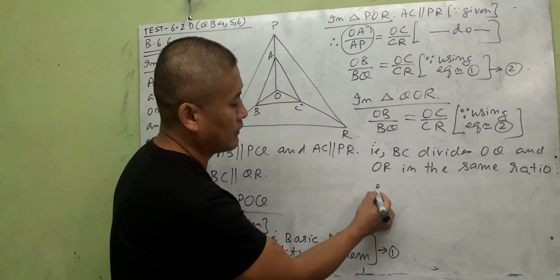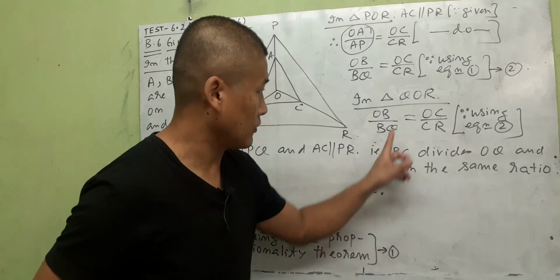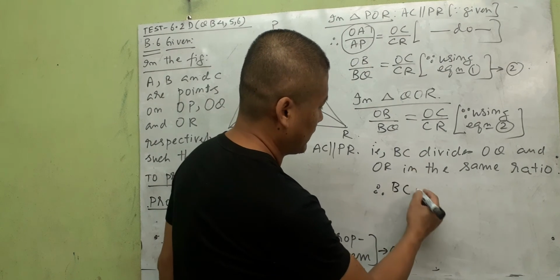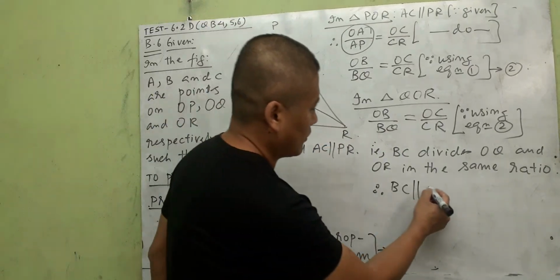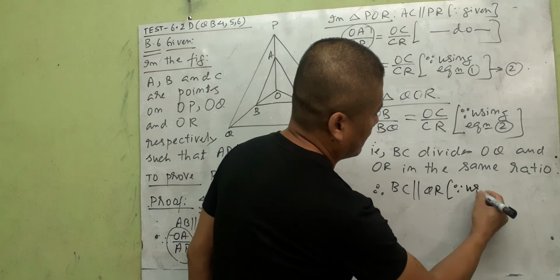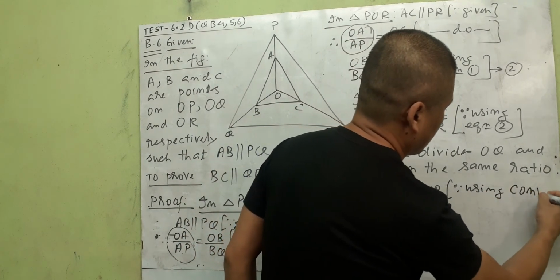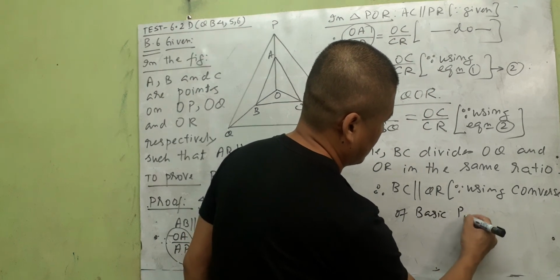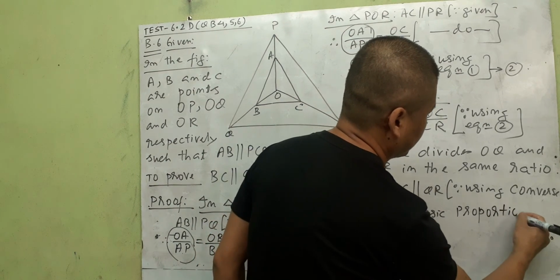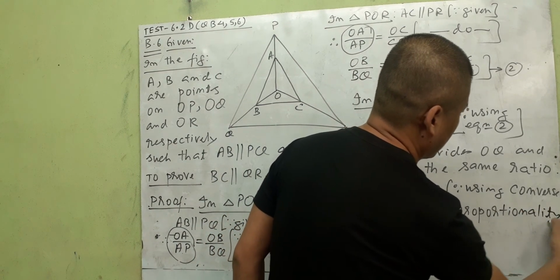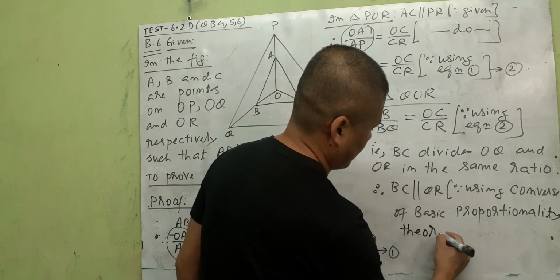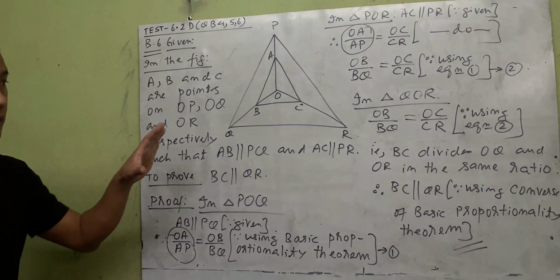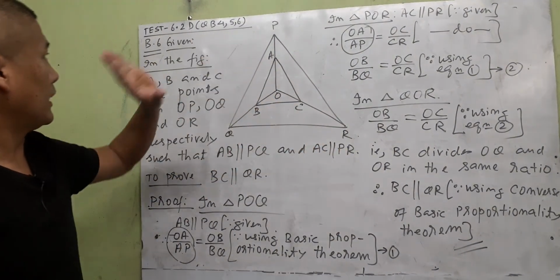So we know that if a line divides any two sides of a triangle in equal ratio like this, that line BC will become parallel to the third side QR, and the theorem is called the converse of basic proportionality theorem. Okay, so that is your answer. So this concludes the part. You can go and give the test for this one.